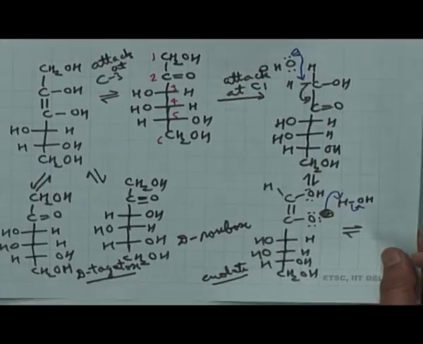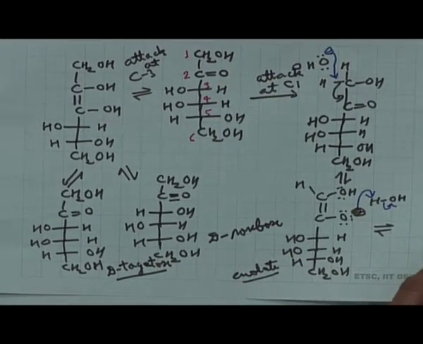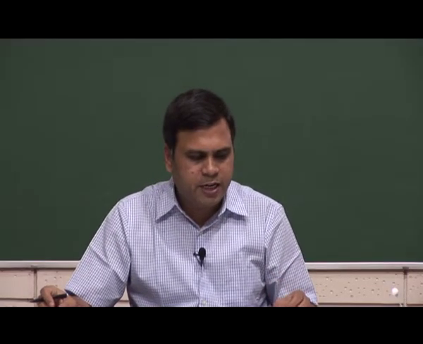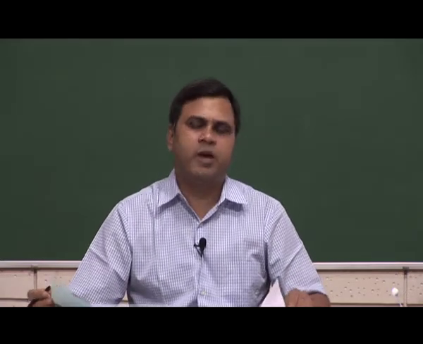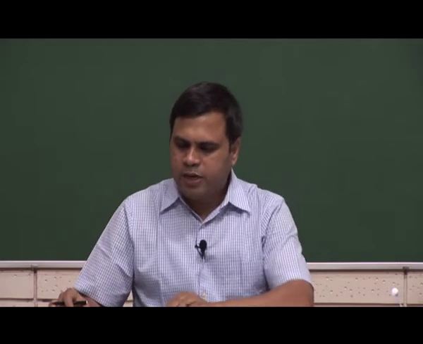So that's a very good example to understand. So if you treat D-tagatose with a basic aqueous solution, the equilibrium mixture of monosaccharides will have various aldohexoses and ketohexoses.